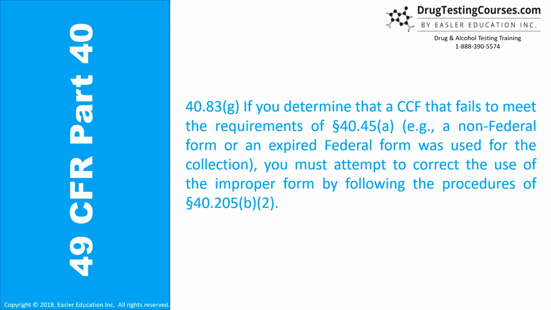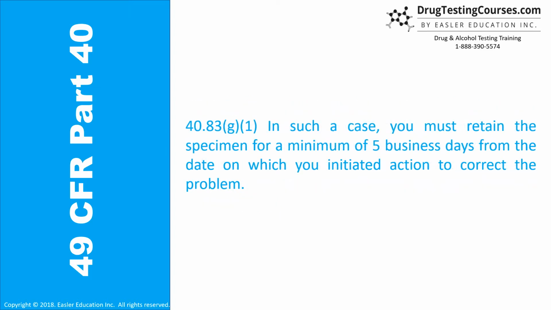40.83(g). If you determine that a CCF fails to meet the requirements of section 40.45(a), e.g., a non-federal form or an expired federal form was used for the collection, you must attempt to correct the use of the improper form by following the procedures of section 40.205(b)(2). 40.83(g)(1).